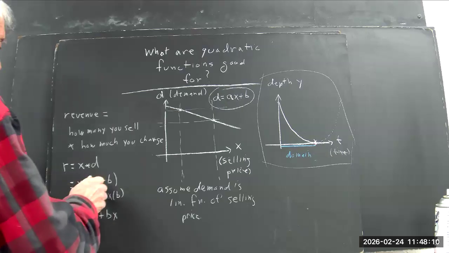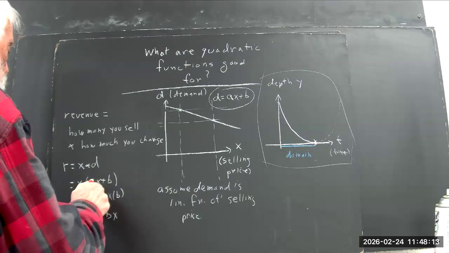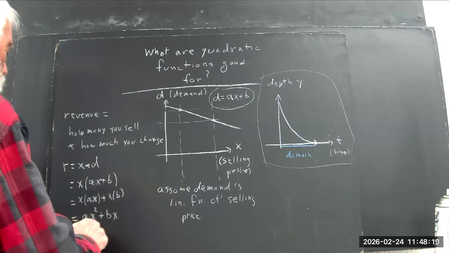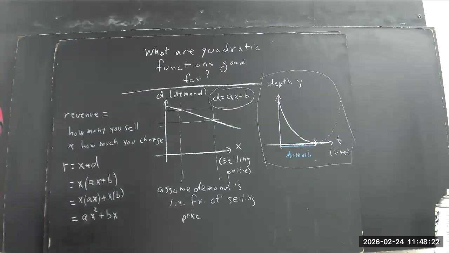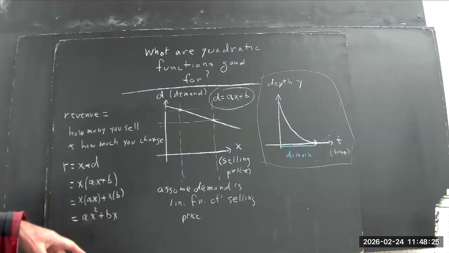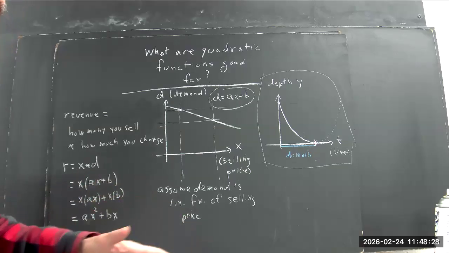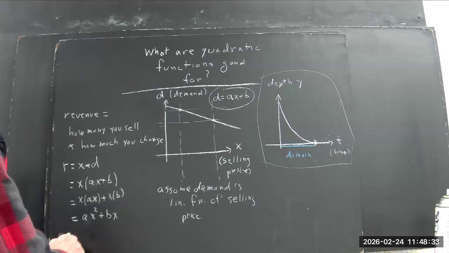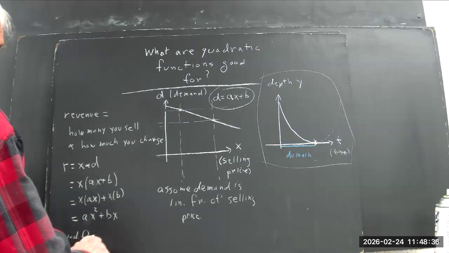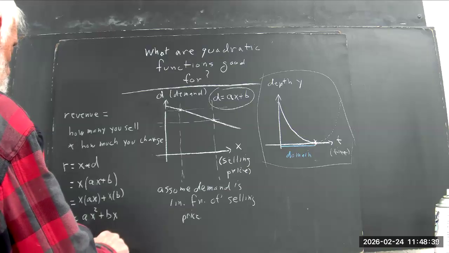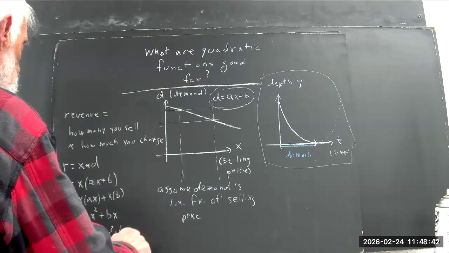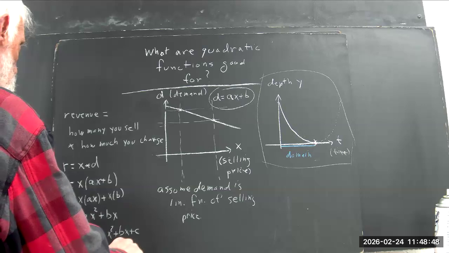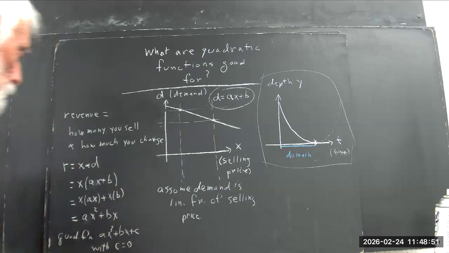I wanted to start out using M, so we're sure that we're saying standard linear function, but now we have AX squared plus BX. Now, you're used to AX squared plus BX plus C, but this is a quadratic function with C equals 0.